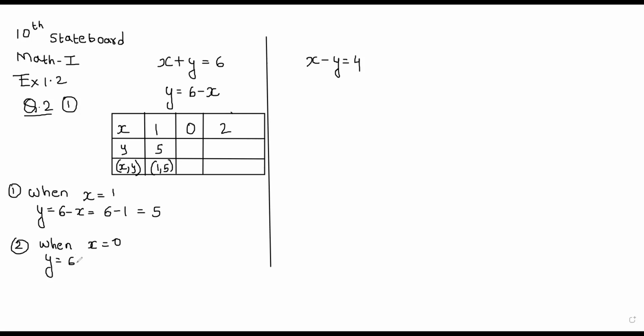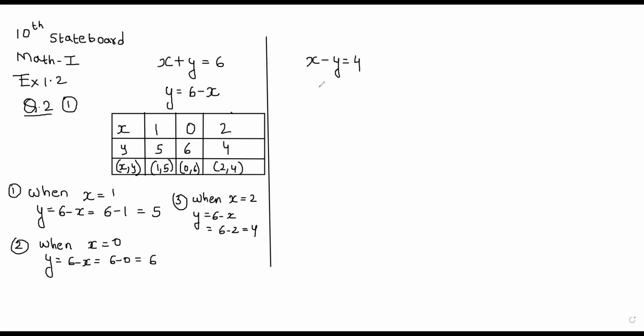So y is equal to 6 minus x, which is 6 minus 0, which is nothing but 6. So the second coordinate we got is 0, 6. And for the third, we still have space here, so we are going to write it this side. When x is equal to 2, y is equal to 6 minus x, which is 6 minus 2, which is equal to 4. So our third coordinate is 2, 4.